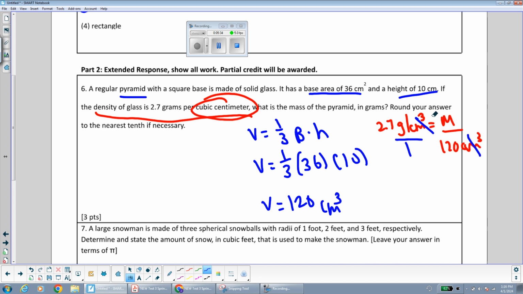So when we cross multiply, our mass is going to be in grams, which is the way we want it. Let me do on my calculator, 120 times 2.7. Oops, I clicked the wrong buttons on my calculator. And I got 324 grams. No rounding was necessary here.